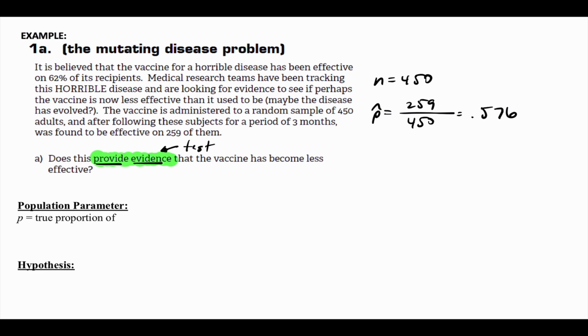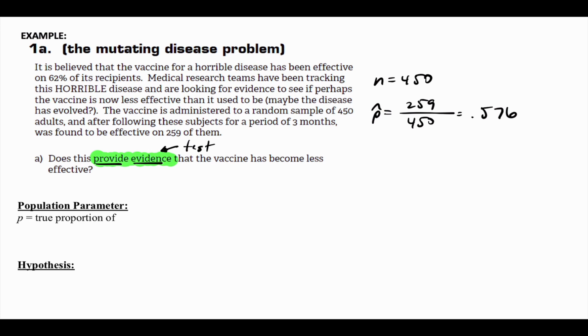So we do know P hat though, right? P hat is 259 out of 450. What does that proportion represent? The sample proportion of people where the vaccine was effective, right?